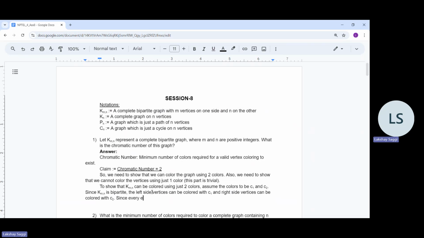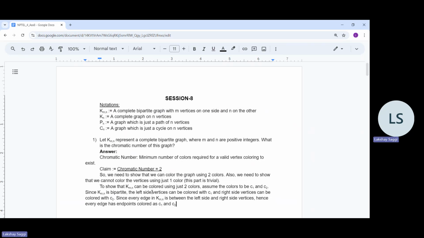Since every edge in K_{m,n} is between the left side and right side vertices, one endpoint of the edge is always on the left side and one is on the right side. Hence every edge has endpoints colored as C1 and C2.